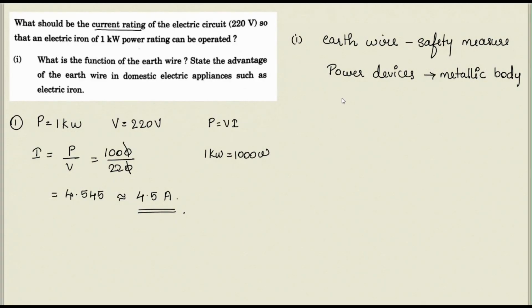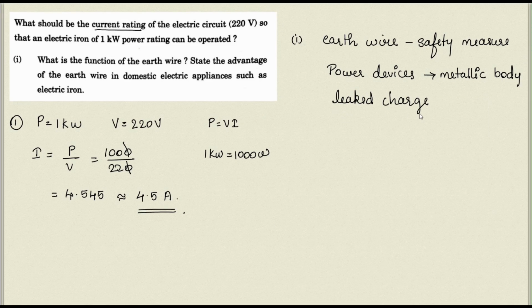So this metallic body will have a tendency to develop some kind of leaked electric charges in it. If any chance is there due to some voltage fluctuation or due to malfunctioning or any problem, if this metallic body accommodates some kind of leaked electric charges, what happens when we touch them? Definitely we will get an electric shock.